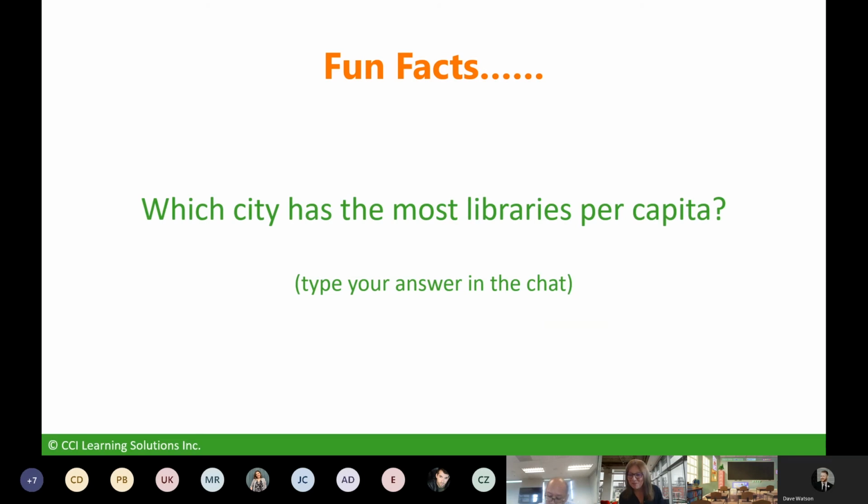So we had 4 people answer that one, and according to my chat window, if my connection is good, let's see if we can go for more now. So next fun fact: which city in the world has the most libraries per capita? Let's take a guess.